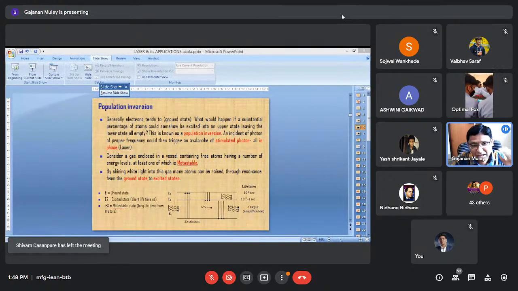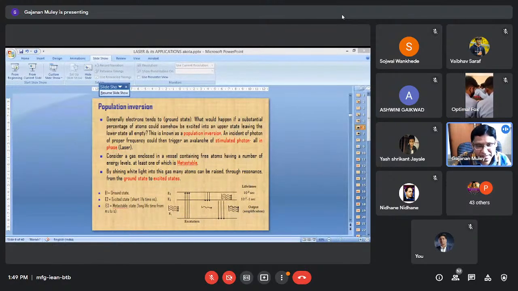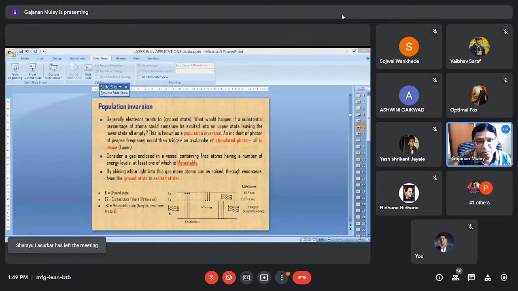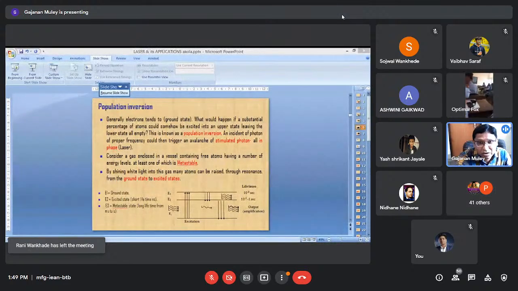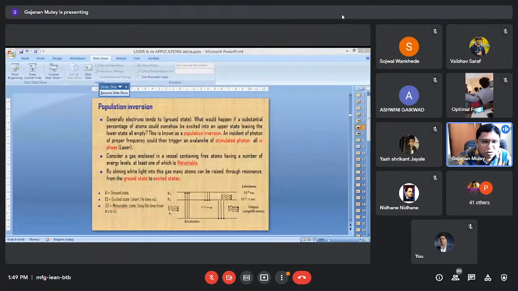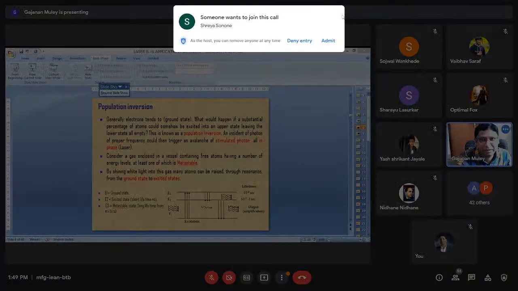All these pulses will be in phase and of the same wavelength, so you will get the laser. You get laser radiation only when there is a population inversion, and you will get photons of the same frequency, same wavelength, all in phase.